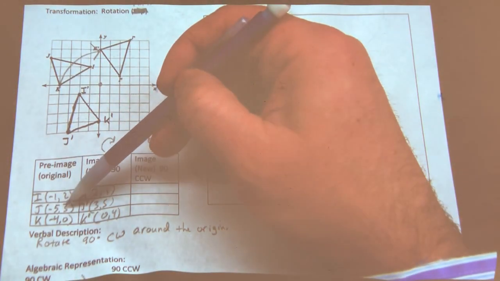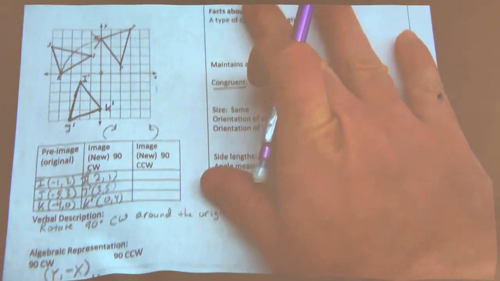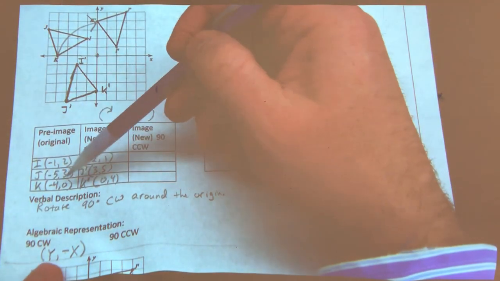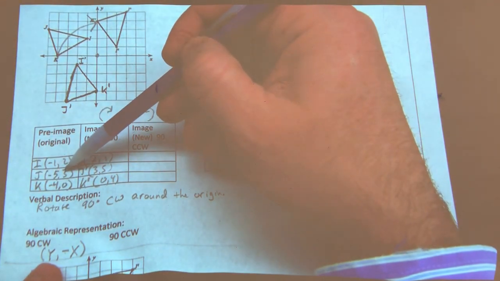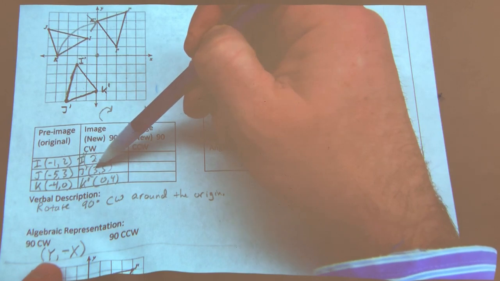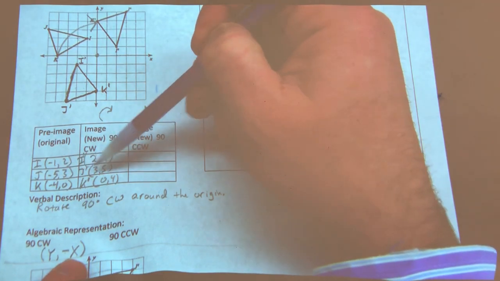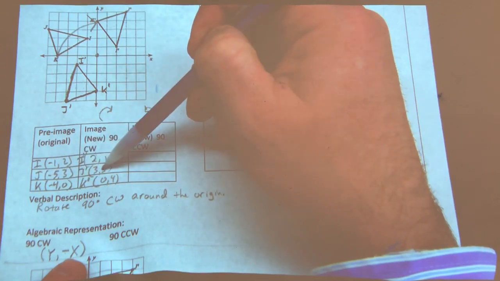So let's take that all the way down. Move that up so you can see that. So again, my old y value is becoming my x value, and my old x value is becoming my y value, but the sign is changing.